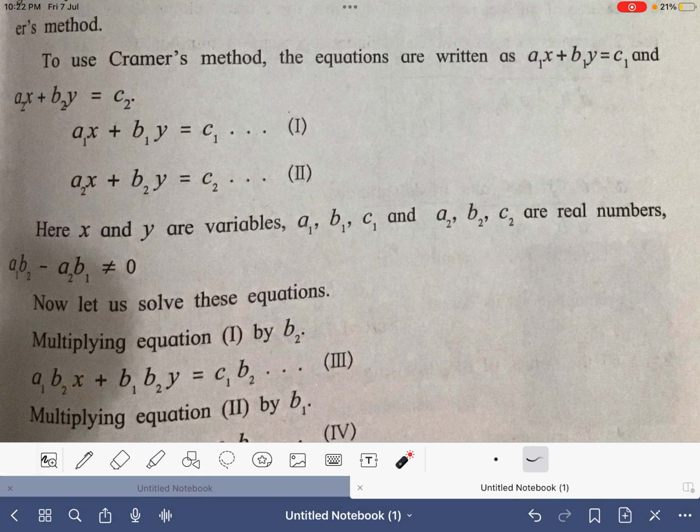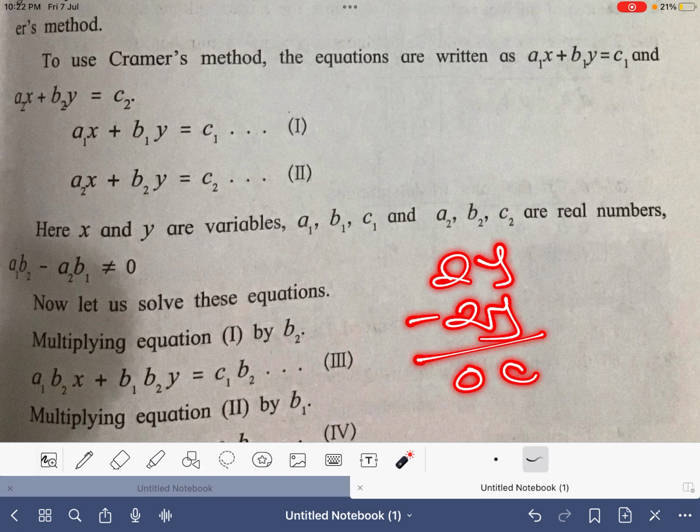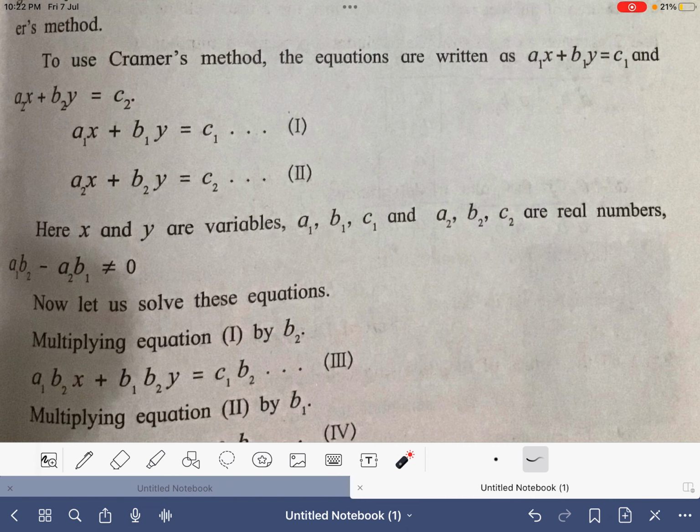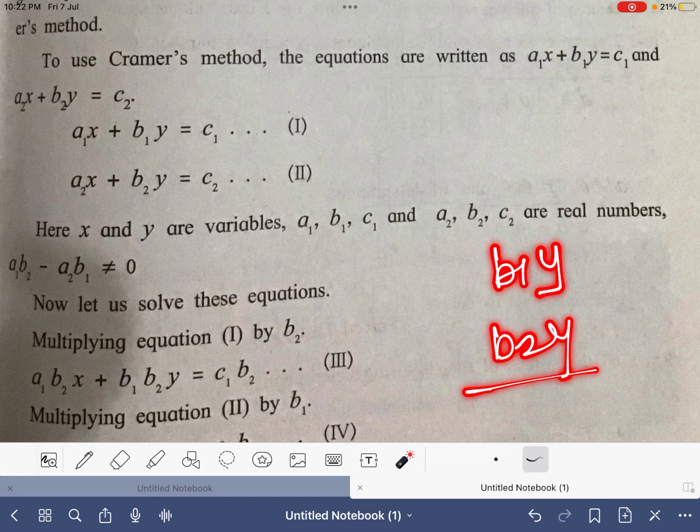If it were 2y minus 2y, then our answer would be 0. But here the situation is b1y and b2y, so we can't simply subtract them. Our target is to get the answer equal to 0.